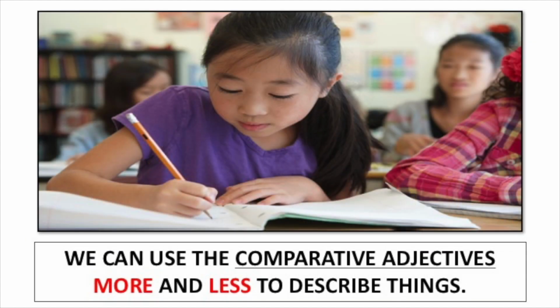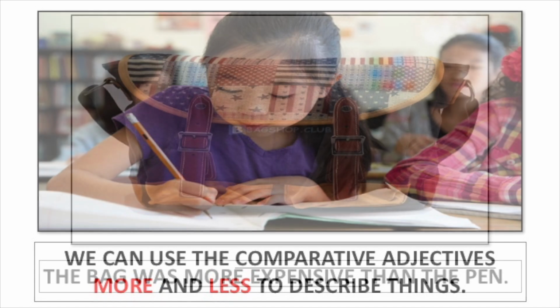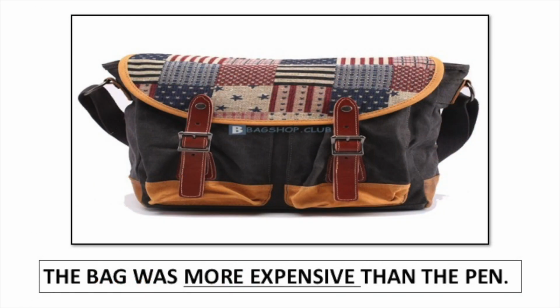We can use the comparative adjectives, more and less, to describe things. Yes, more, less. Then two words we can use to describe the relationship between objects. For example, the bag was more expensive than the pen.